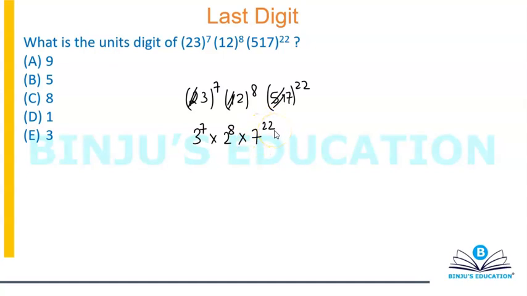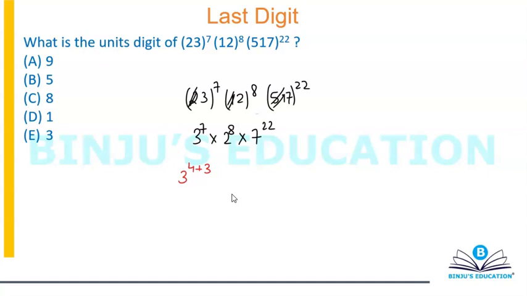Now 3, 2 and 7, all of them follow the cyclicity of what? They follow a cyclicity of 4. So 3 to the power 7 is nothing but 3 to the power 4 plus 3. Now 4 plus 3, what do you mean by this? This basically means that you're going to complete a cycle of 4 once, and then in the next cycle you will only travel till 3.